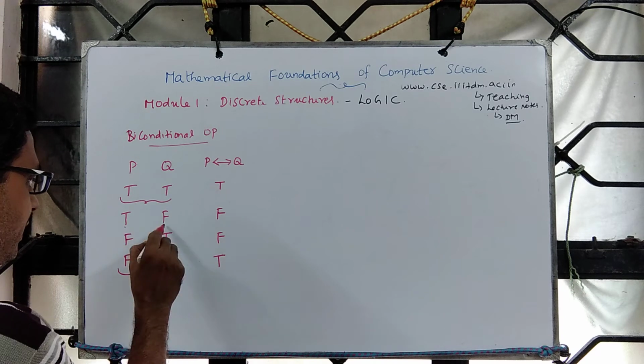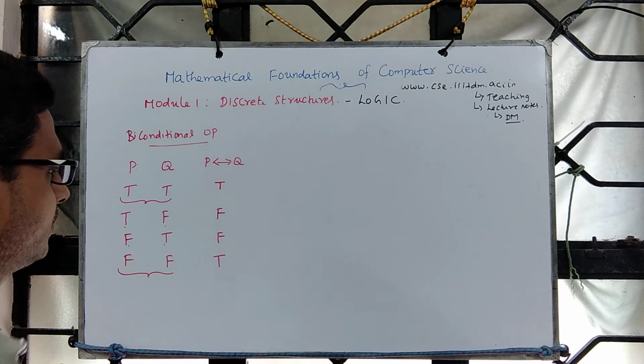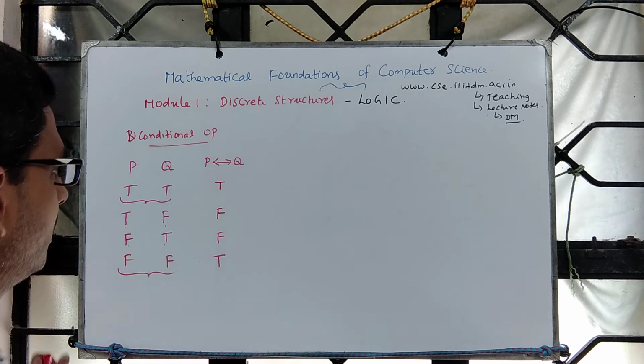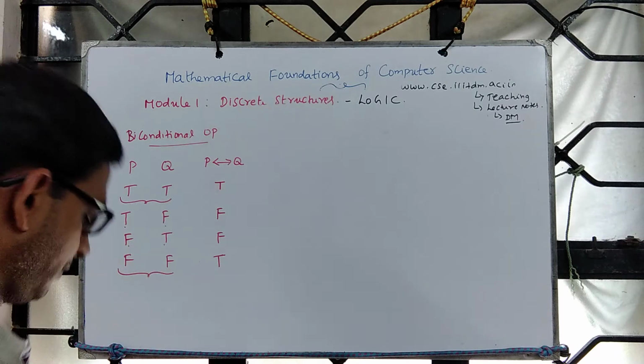If one is true and the other one is false, you get to see that the truth value associated with the expression P biconditional Q is false.